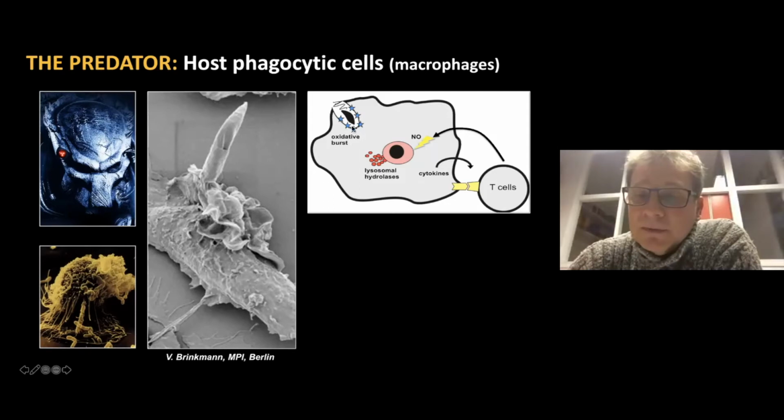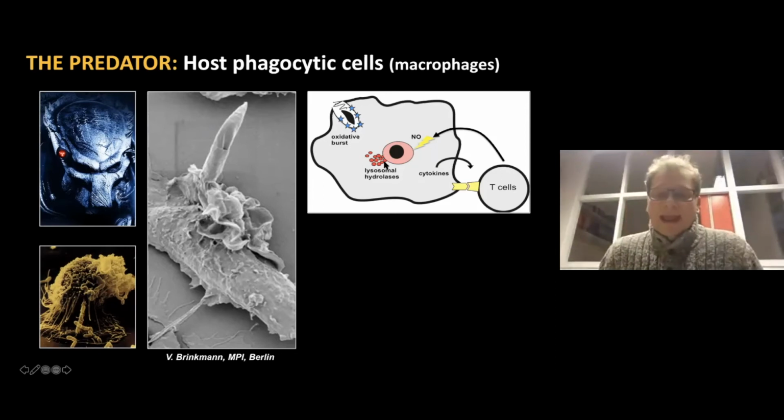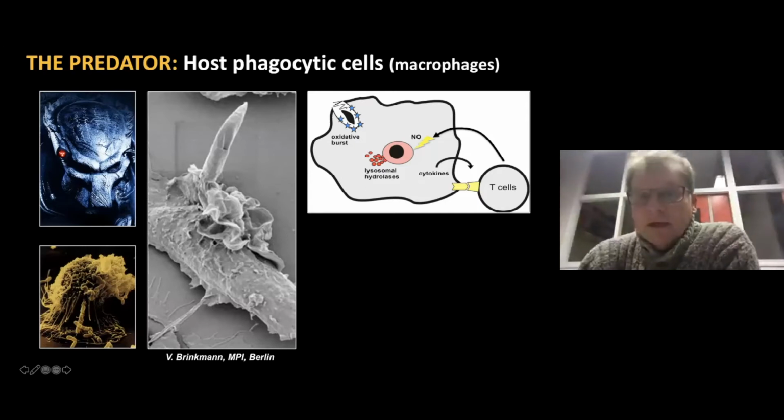Then once the parasite is inside, it is in this kind of vesicle, or we call this a vacuole. And this vacuole starts to fuse with these digestive vesicles called lysosomes. And so that's why it turns a little bit red. And this is literally what we have in our stomach, which means acidic enzymes that just degrade everything. And again, the parasite, thanks to its shield, is not affected by this very toxic environment.